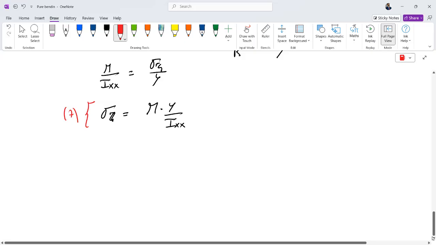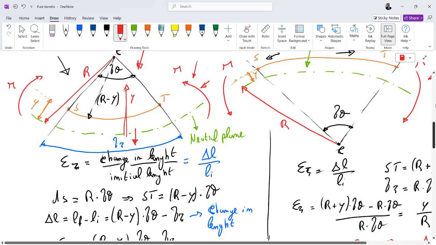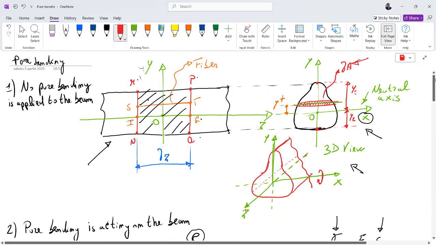So this is the classic equation that we see everywhere, that tells us, for the example shown here, y1 and y2. y1 is in direction of positive y, and y2 is in direction of negative y.